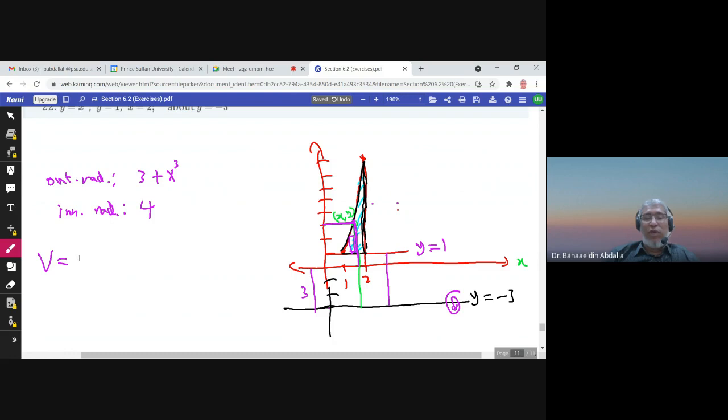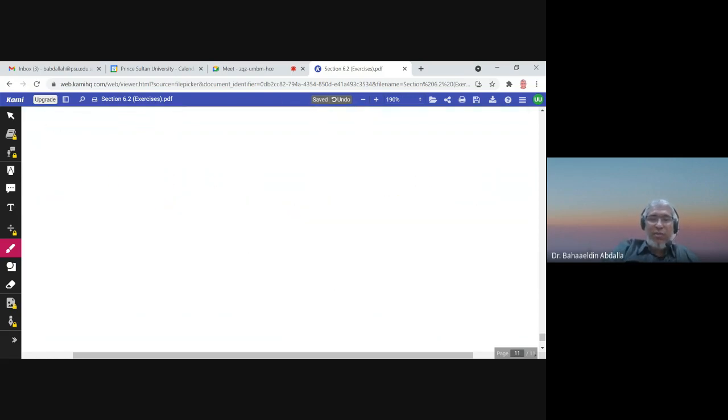So the volume would be the integral with respect to x, from 1 to 2, of pi times (outer radius squared minus inner radius squared). This will give you the volume.